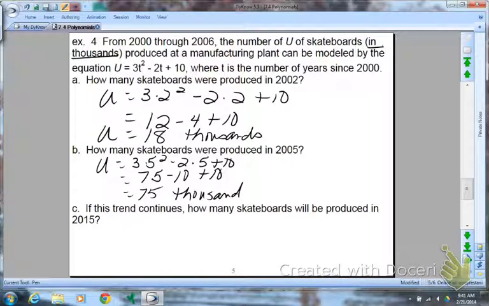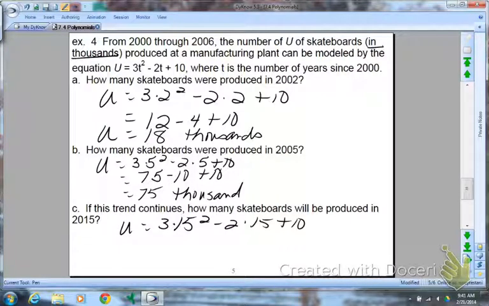Example C. If this trend continues, how many skateboards will be produced in 2015? So what are we going to put in for t for 2015? 15. So 3 times 15 squared minus 2 times 15 plus 10.